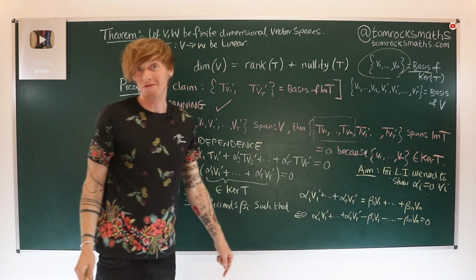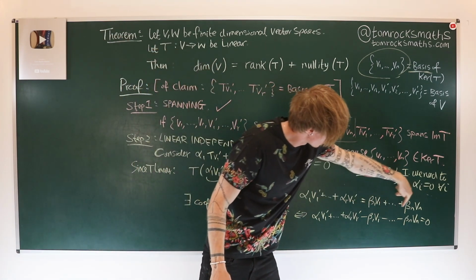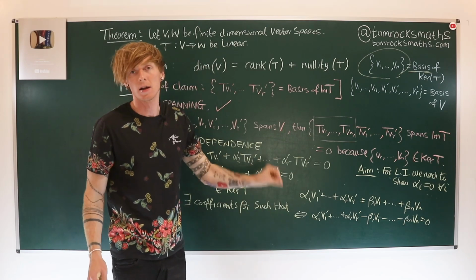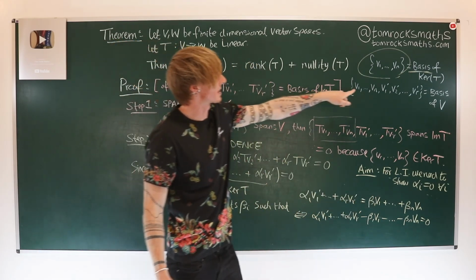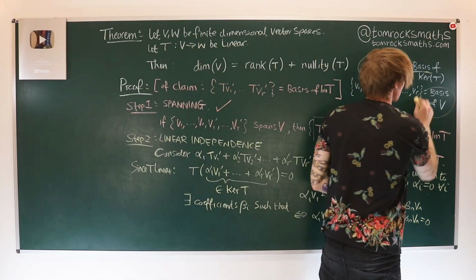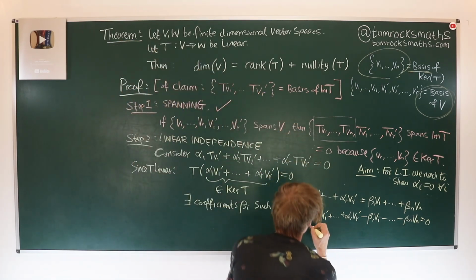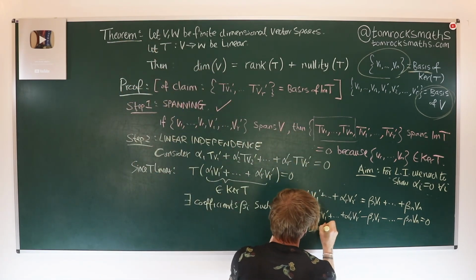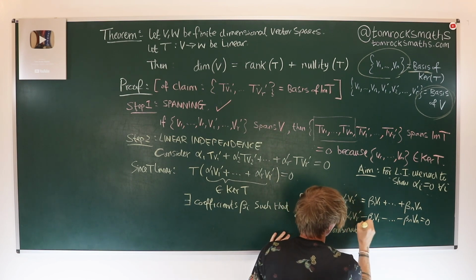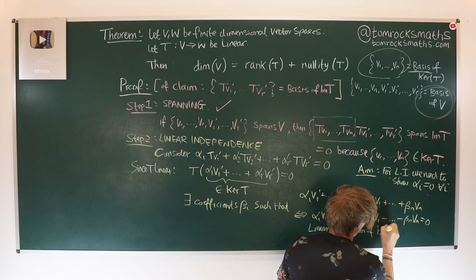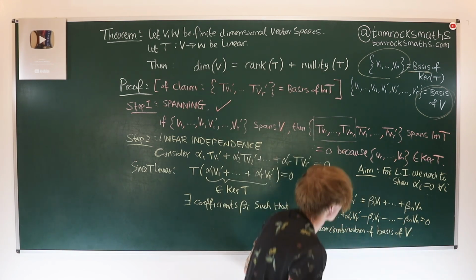So what we've got now is a linear combination of n plus r vectors. Now those n plus r vectors are exactly the basis of V. So this is a linear combination of basis vectors of the basis of V.